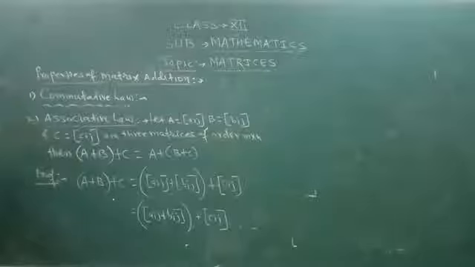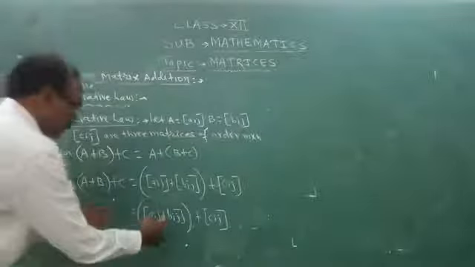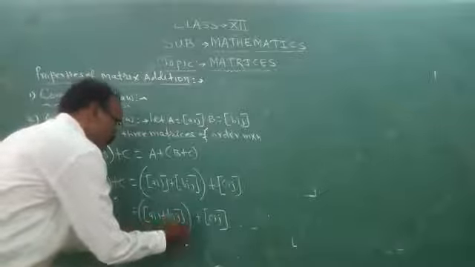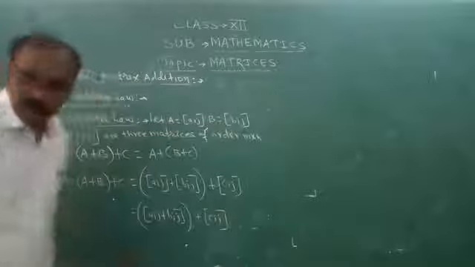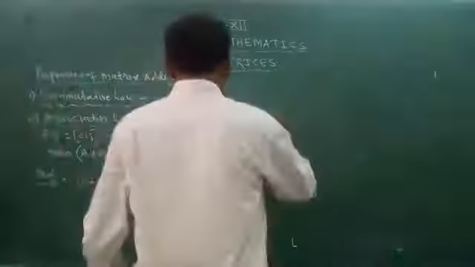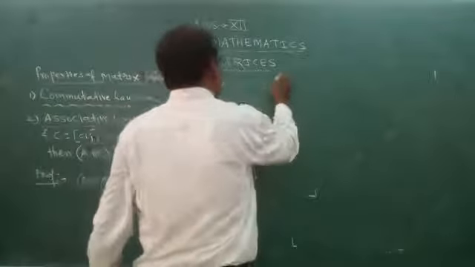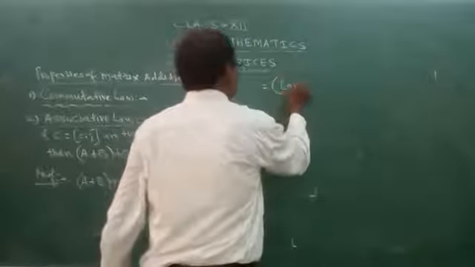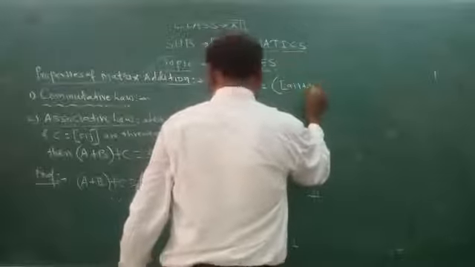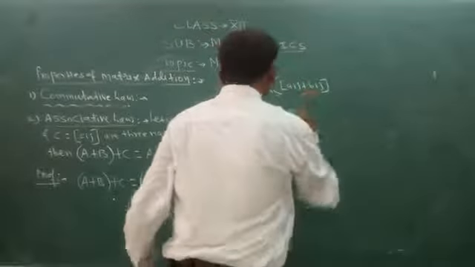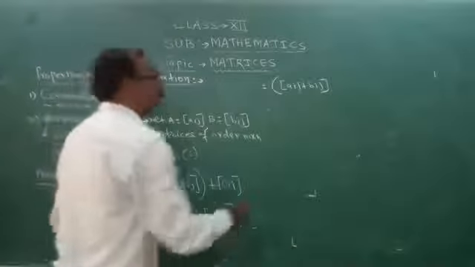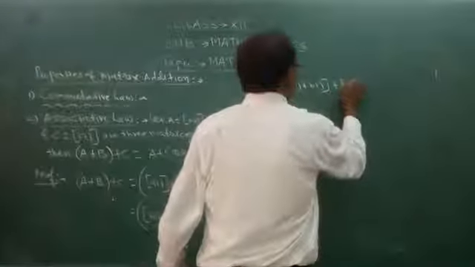Now Aij plus Bij is matrix number 1, this is 2. I can again add this. This is Aij plus Bij, the first matrix, and the second one plus Cij.